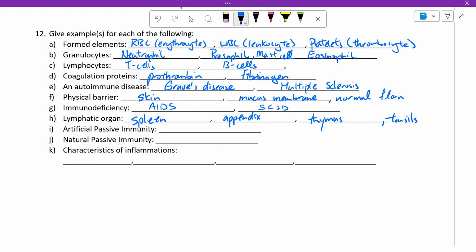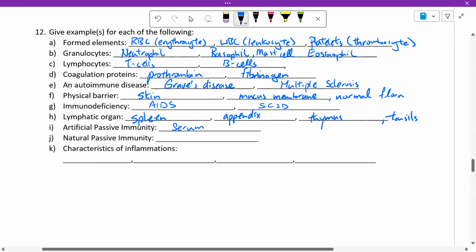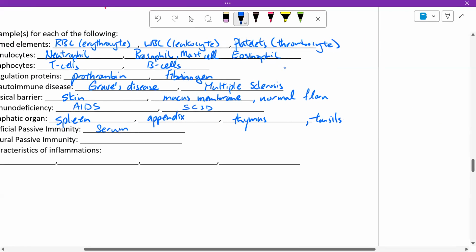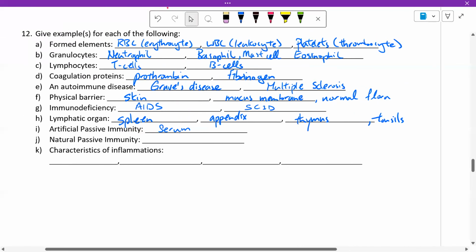Example of artificial passive immunity. We talk about serum. Remember, like I got bitten by a dog and I need to get the serum for rabies. Natural passive immunity, breastfeeding.